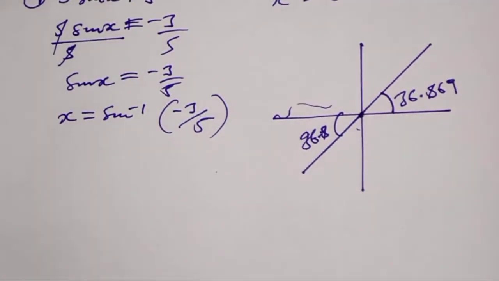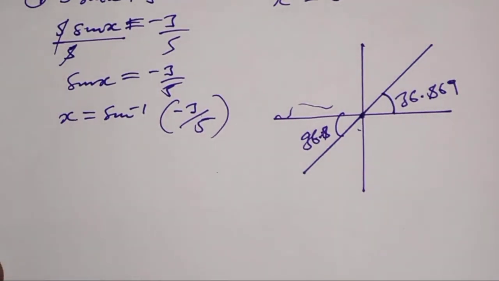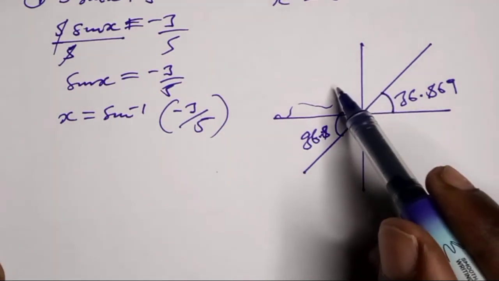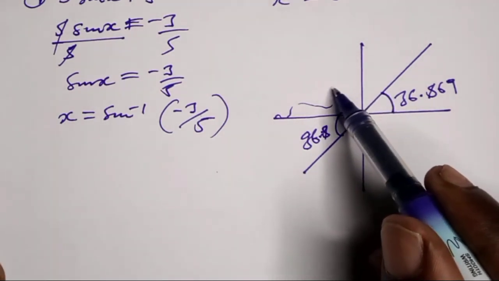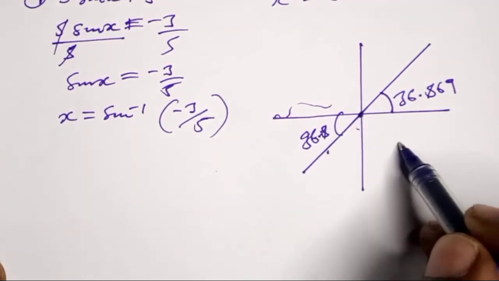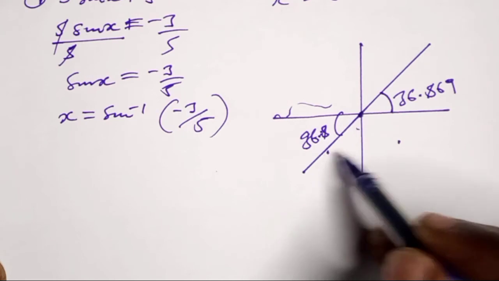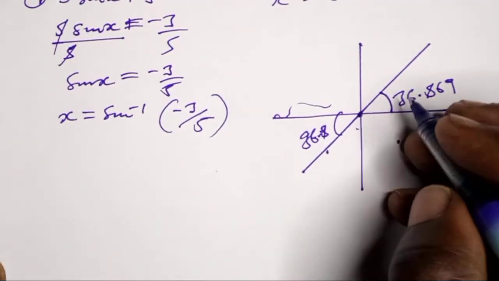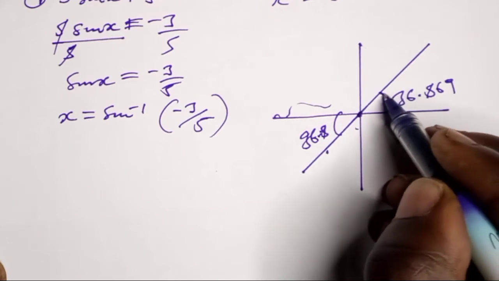We are looking where sine is negative. In the first quadrant sine is positive, and in the second it is positive. So where sine is negative, it is in the third and fourth.